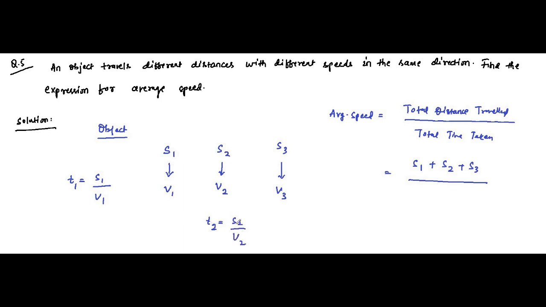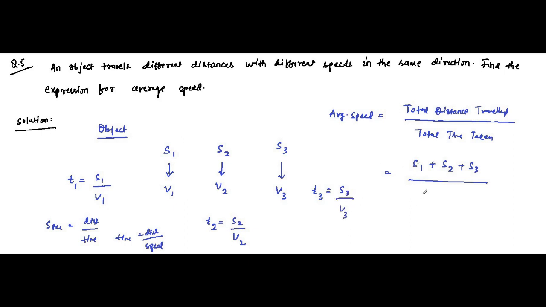Time is distance by speed. Speed is, we know, distance by time. So obviously time will be distance by speed. Similarly, T3 will be S3 by V3.